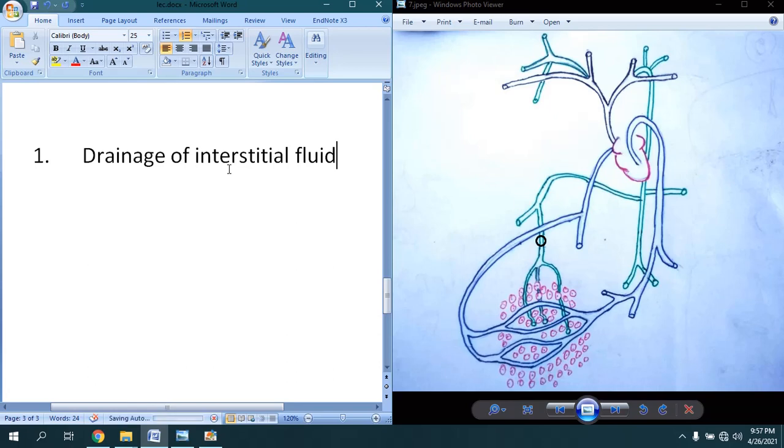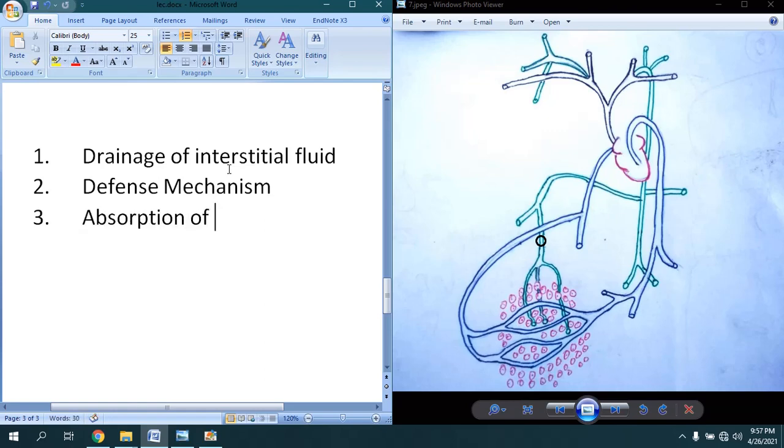I will come to the interstitial fluid in detail later. Number two, the defense mechanism of the body. And number three, the absorption of lipids and lipid soluble vitamins, for example vitamin A, D, E, K, etc.